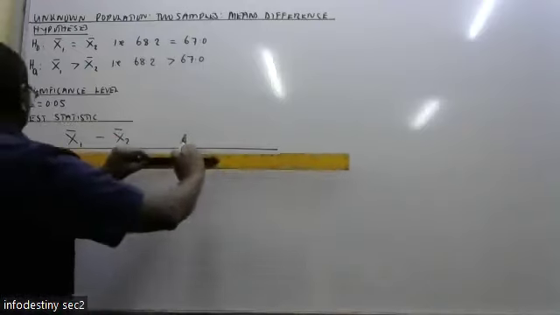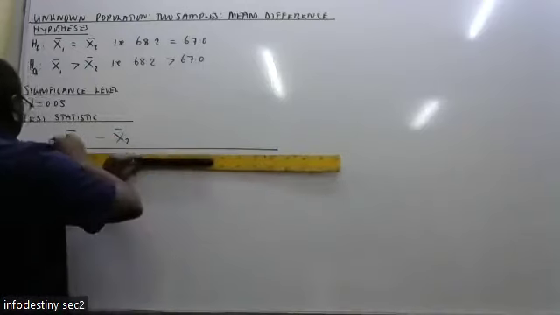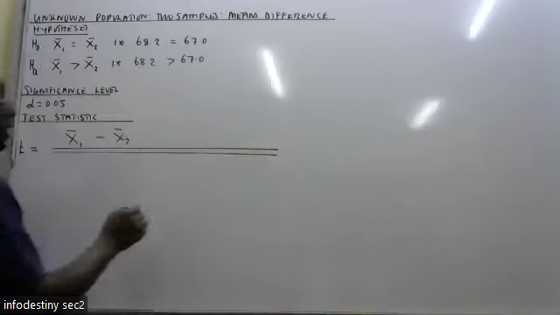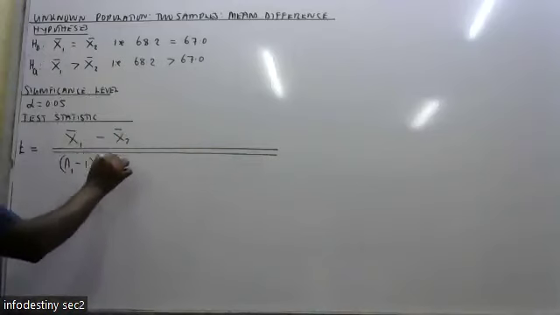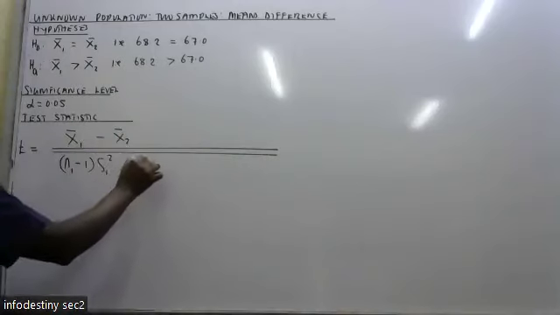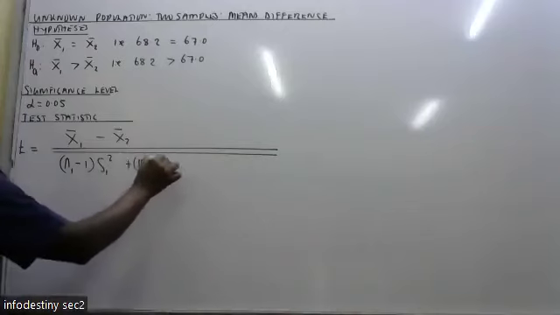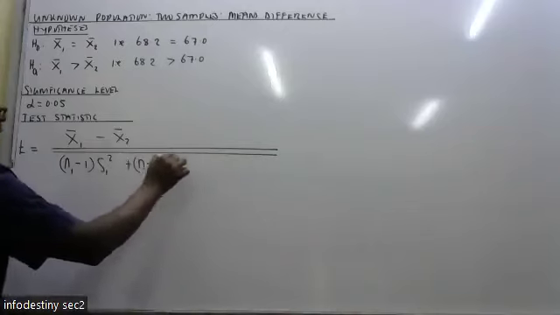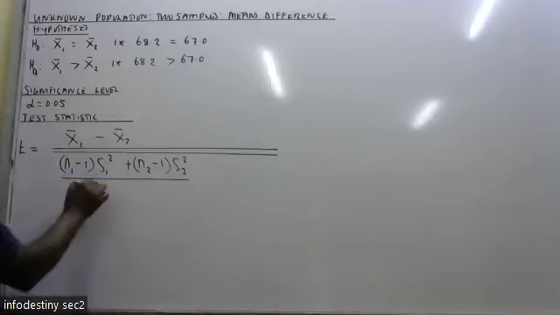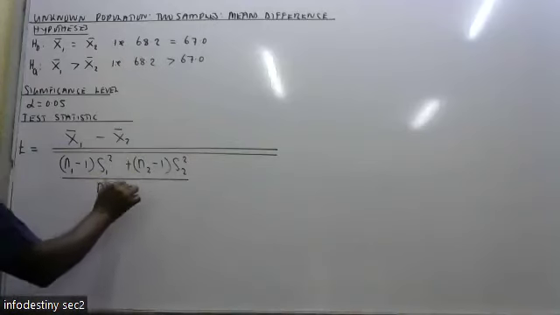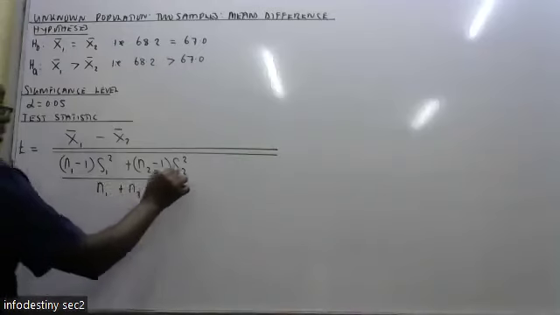Then this other one, we have n1 minus 1 s1 squared plus n2 minus 1 s2 squared. This one you divide by n1 plus n2 minus 2.